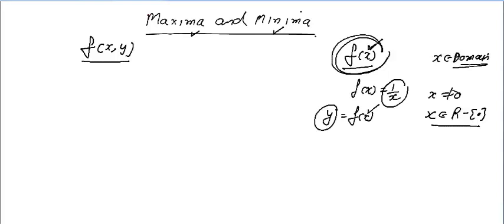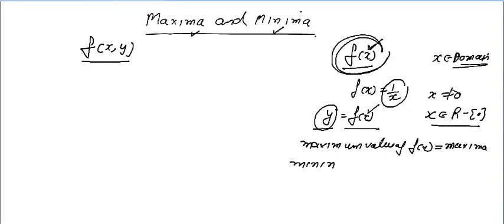So out of all the values of y, meaning all values of f(x), the maximum value of f(x) is known as maxima, and the minimum value of f(x) is known as minima. That is the first thing you know, the meaning of maxima or minima.